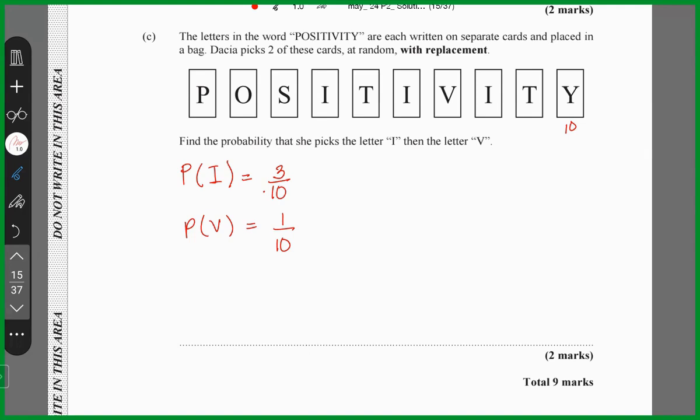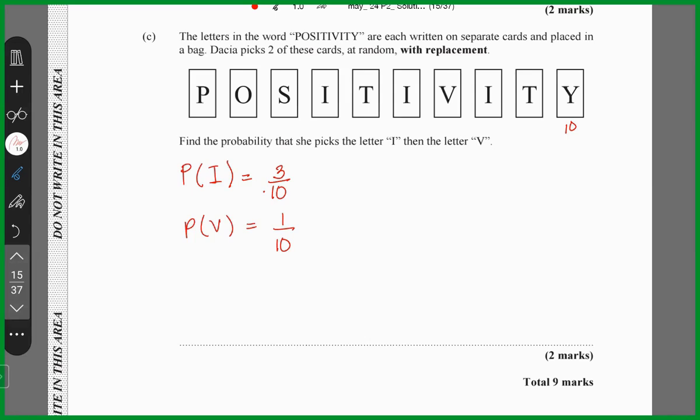And the reason they're independent is because after Dacia picked out one of the I cards, she placed it back in the bag, because we're told that this is with replacement. With replacement means that she puts it back. Now, if she had taken it out, there would have been only 9 cards left in the bag.